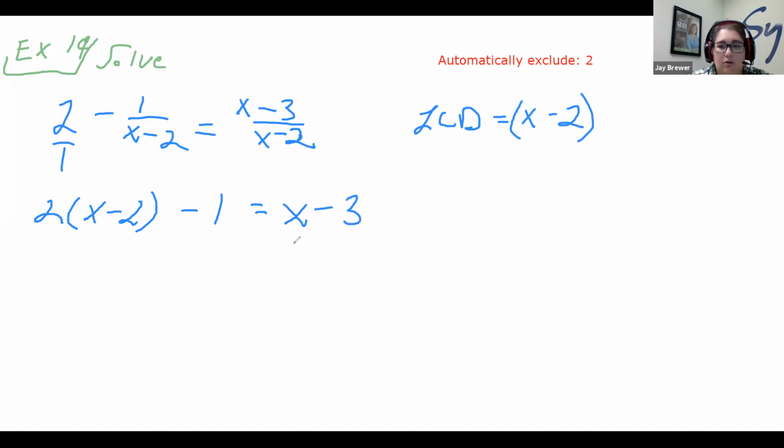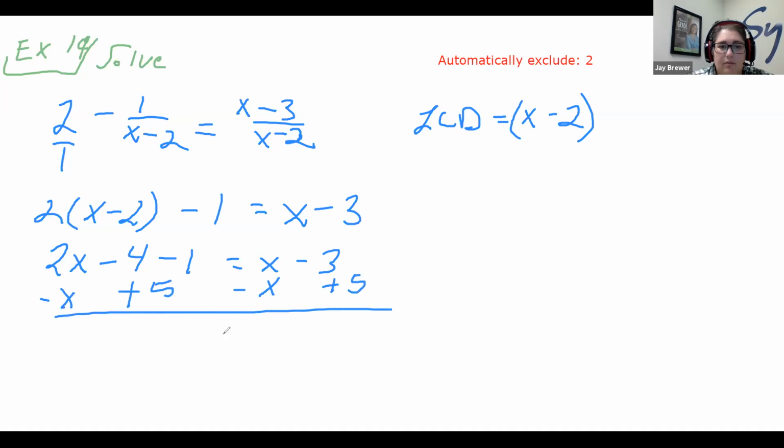Now you're just going to go through and solve it like normal. So 2x minus 4 minus 1, x minus 3. Bring the x over. We're going to add 5. So x equals 2.